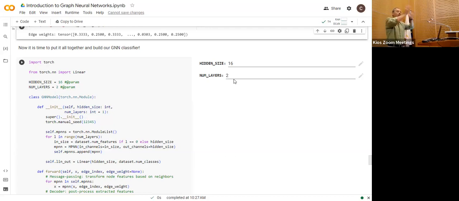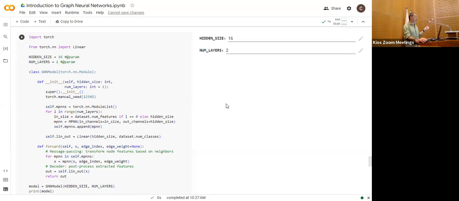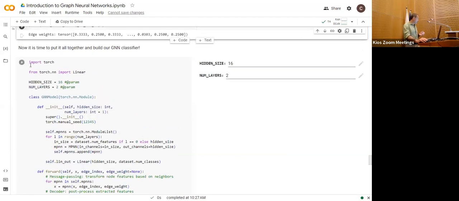It does convolution and then nonlinear function, as before, through message passing, first layer. And then you have a second layer, which does a convolution, nonlinear convolution through message passing. And then you have the output, and you look at the output, okay? So there are 2 layers, and 16 is the hidden size of the neural network, so you don't do that.